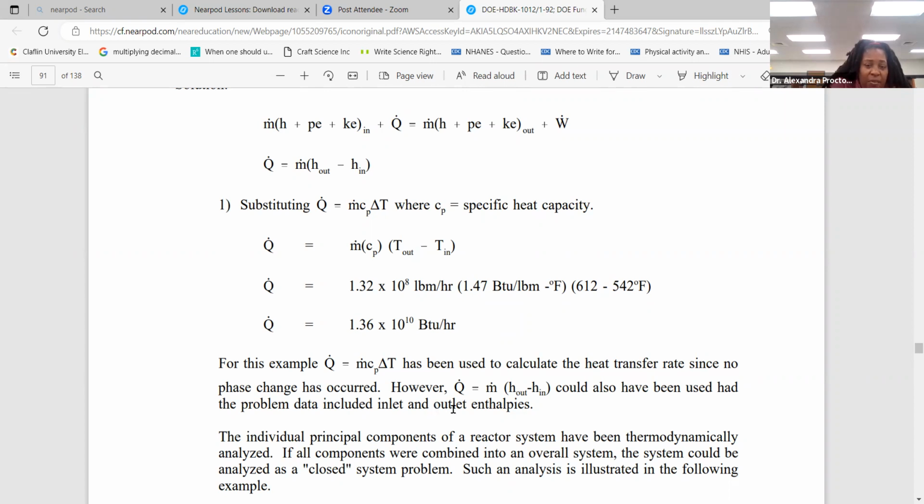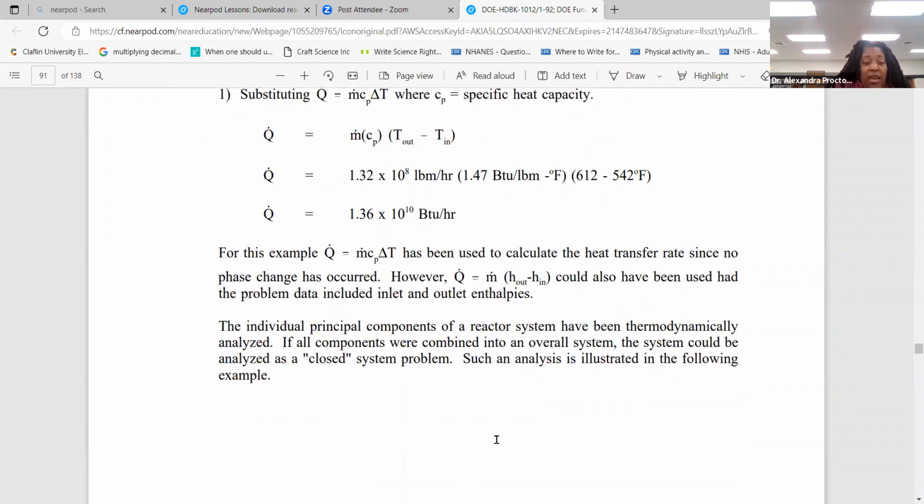However, Q is equal to m times (h out minus h in) could have also been used for the problem data that included inlet and outlet enthalpy. So they're just saying that there was another equation that could have been used to solve this particular problem. Okay, so you could have used both of these equations.